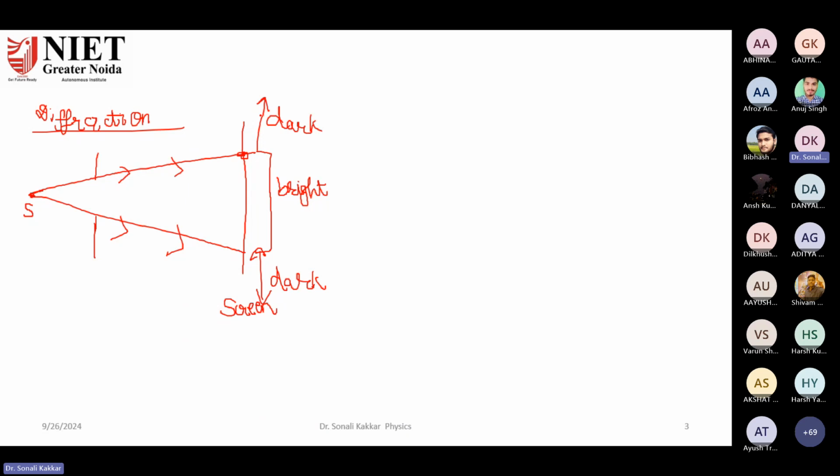Why does this happen? This is due to diffraction. Diffraction means bending of light, bending of light around any obstacle. Suppose you place an object in the path of light. This is called an obstacle. Or if you place a slit in the path of light, it is also called an aperture. This is an aperture or slit.